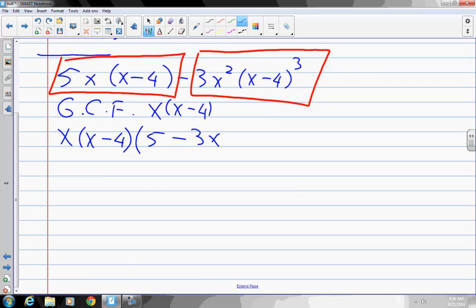You're guessing, that's the problem. Just follow the steps. 3 stays, x squared turned into x because you took x out. What about x minus 4 cubed? What's going to be left if you took just one x minus 4 out?